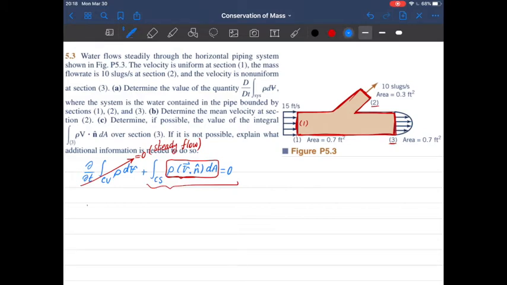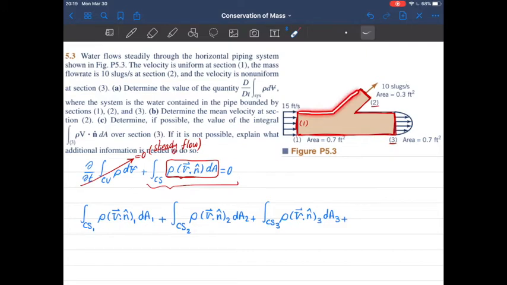So we can write the integration over the control surface for surface number 1, rho v dot n dA1, the area, plus the integration over control surface number 2, rho, which is constant, v dot n at surface number 2 and the area there, plus the integral over the third surface, rho v dot n dA, plus one more term for the parts that are not numbered.